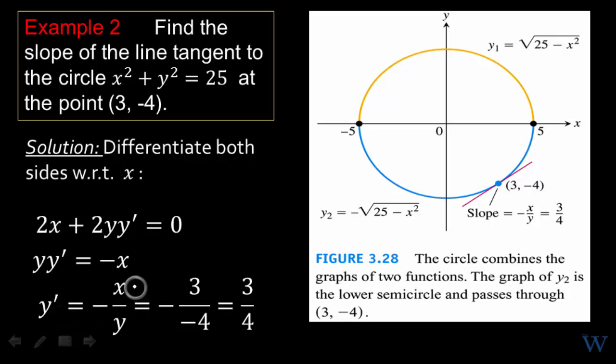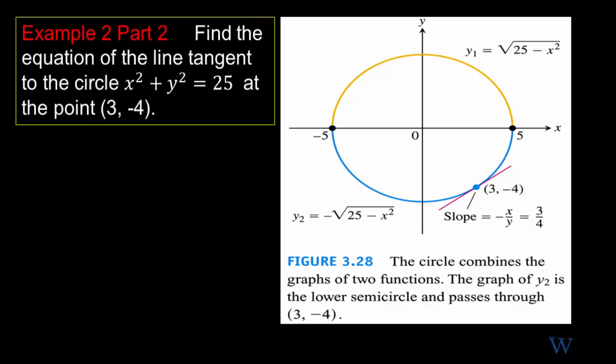So y prime is equal to minus x over y. And all we do now is substitute the x and y coordinates at this particular point. And that's how we got 3 over negative 4. So the negative of a negative is 3/4, which means the slope of the line tangent to the curve is 3/4, which makes sense because look, you have a line that is sloping upward, so you expect to have a positive slope.